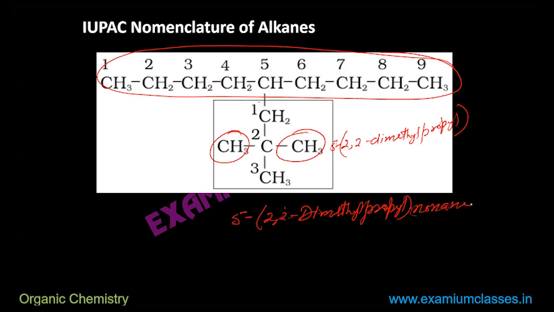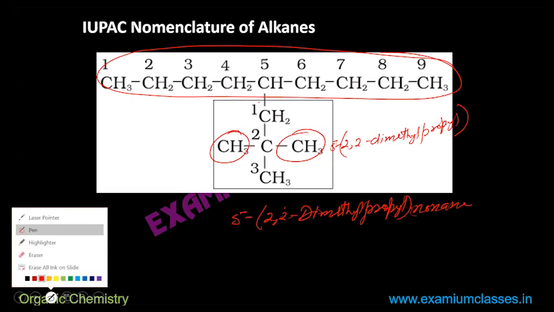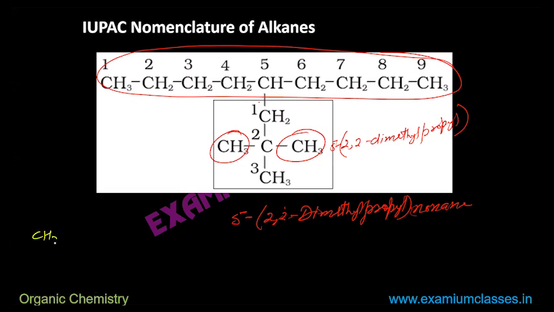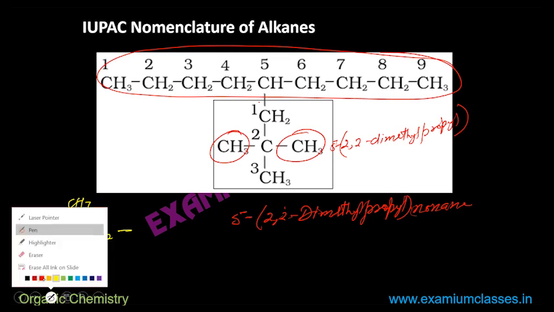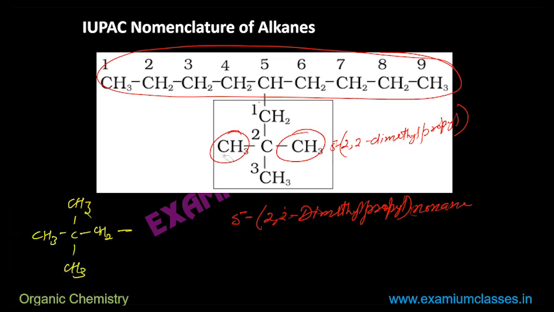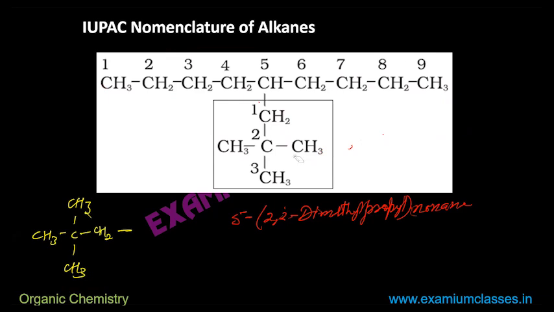But there is another way. On the 5th carbon, this whole branch is known as neopentyl also. If you remember when we talked about this structure, this is neopentyl. Yesterday we talked about it, and it is attached at 5th. This whole is attached at the 5th carbon.